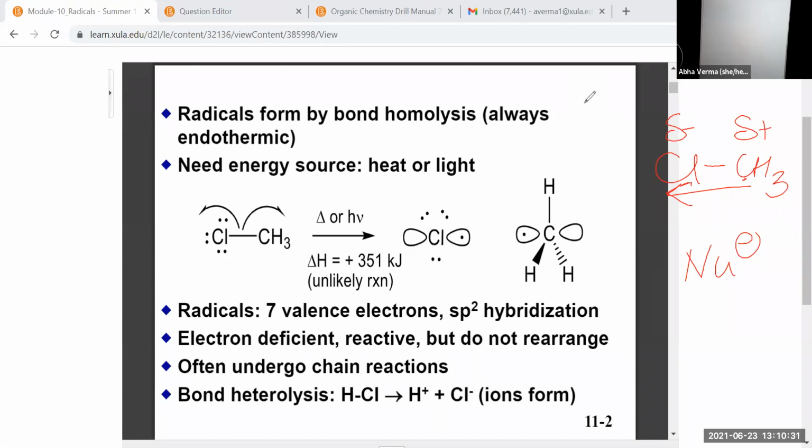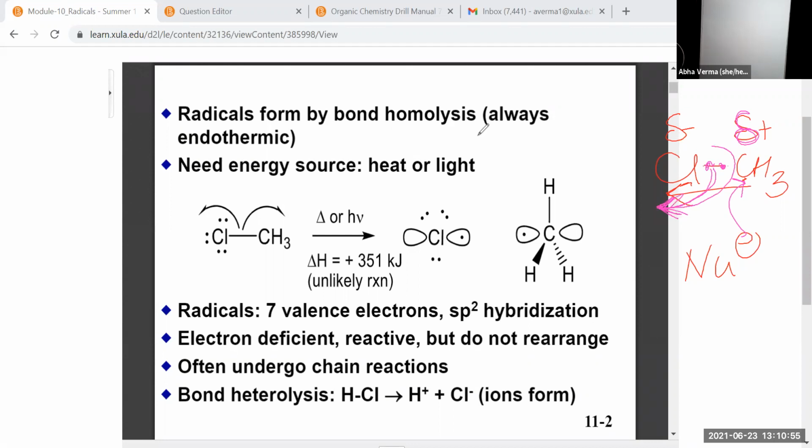The incoming nucleophile will attack the electrophile, which is the electron poor atom, and this chlorine will leave the carbon with both the electrons.